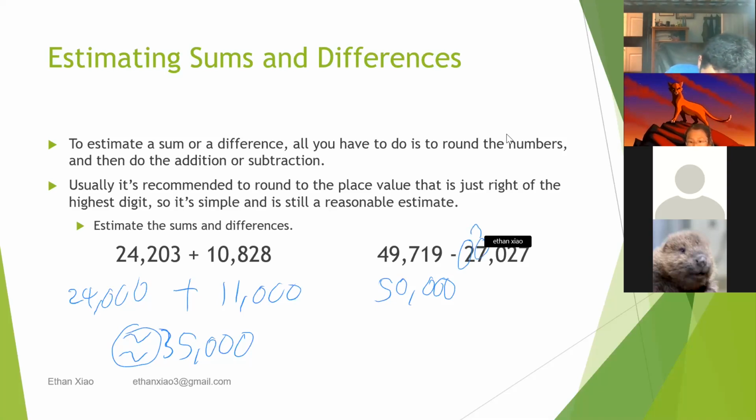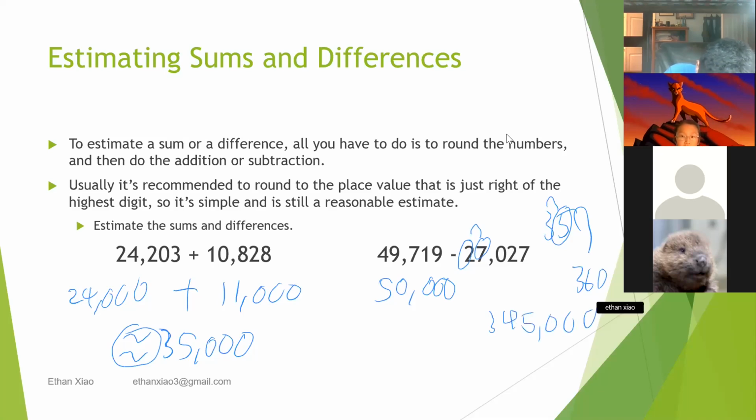So for example, if you had to round hundreds like 359, you would always round to the nearest ten, which is 360. And if you have like 345,000, you round to the nearest 10,000 since it's just to the right of the first digit. So 350,000. Anyways, I'm going to continue with the problem.